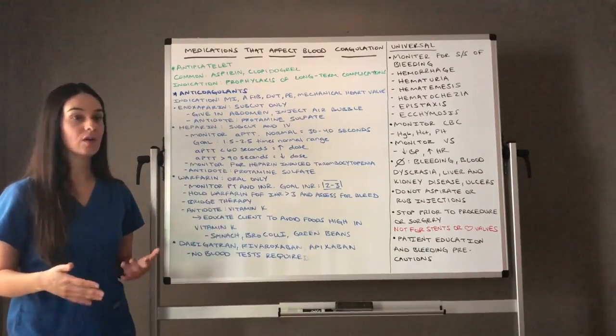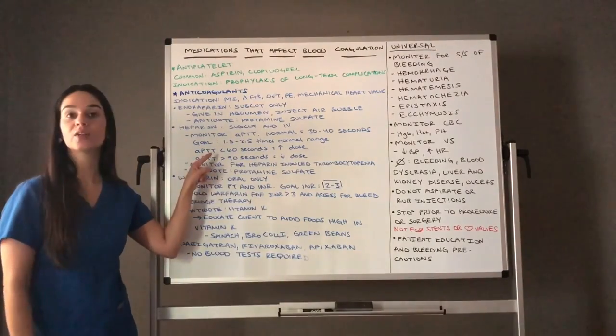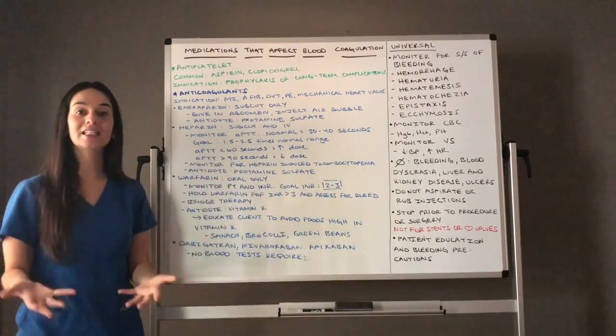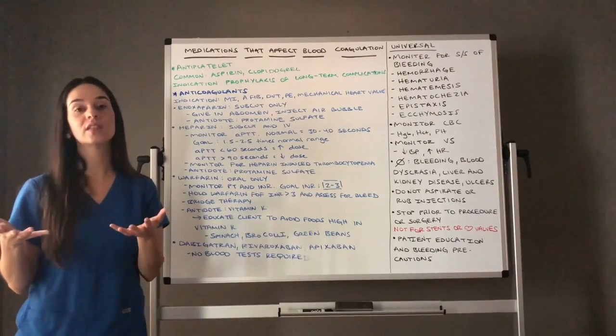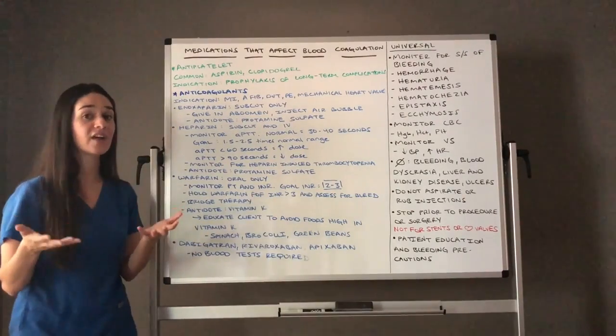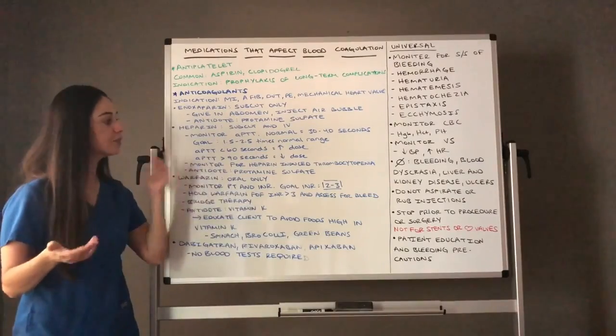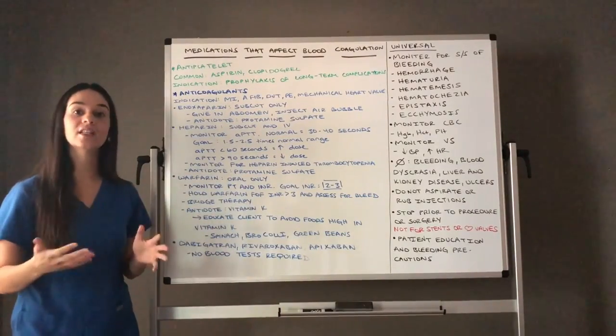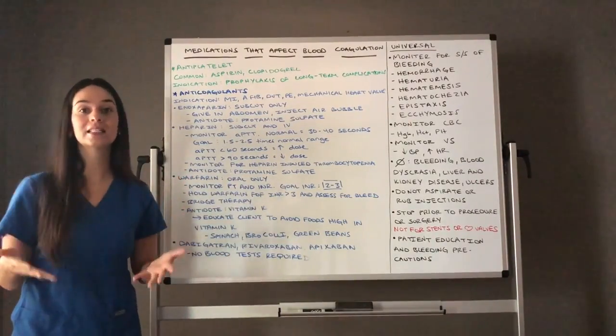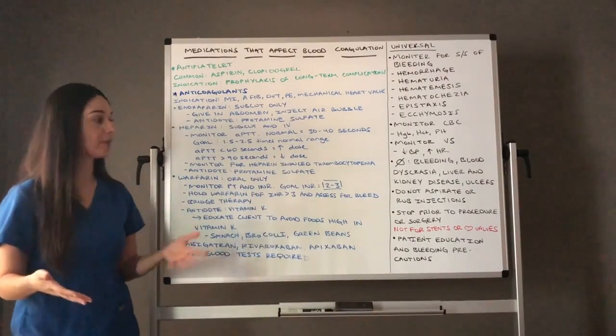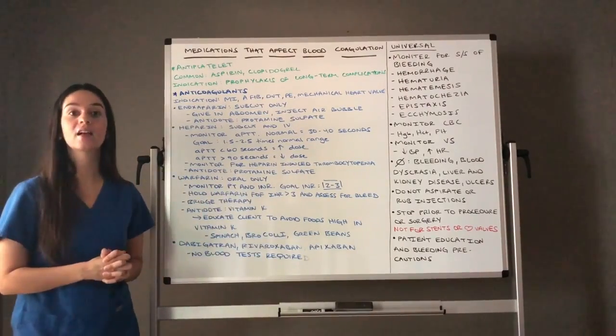But in general, if you see an APTT value less than 60 seconds, we might need to increase the dose of heparin that we're giving this client intravenously. If you see an APTT greater than 90 seconds, you may need to decrease the dose of heparin that we're administering to this client.